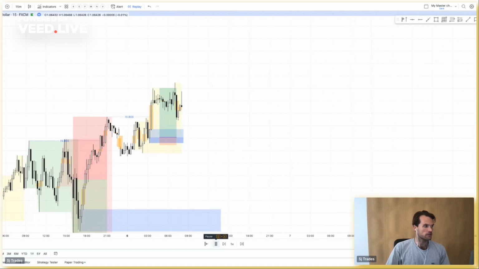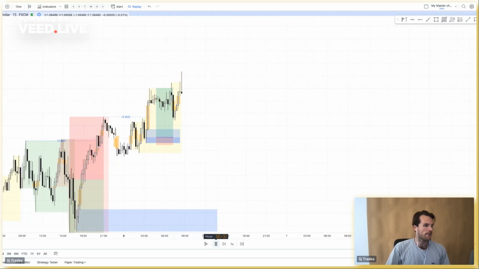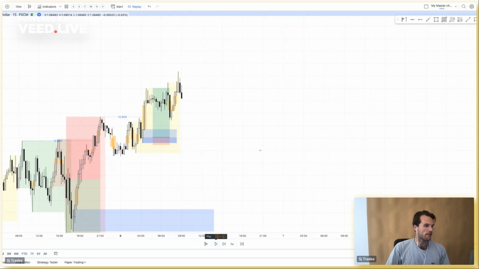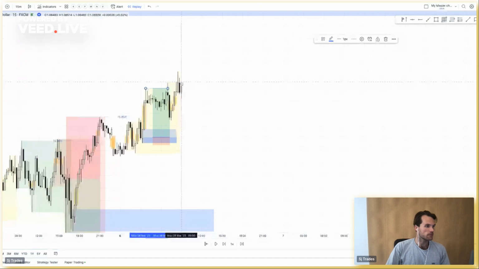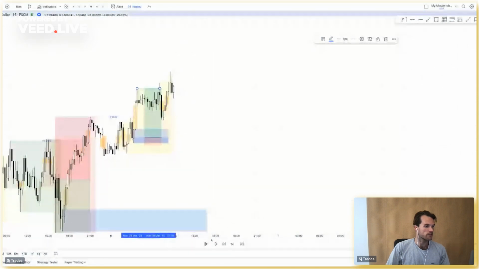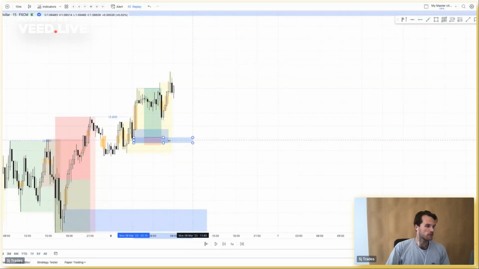A swing. Okay. We've got another liquidity sweep. Another sweep. Let's see if we actually get a break. Keep this on because we actually haven't broken structure yet.